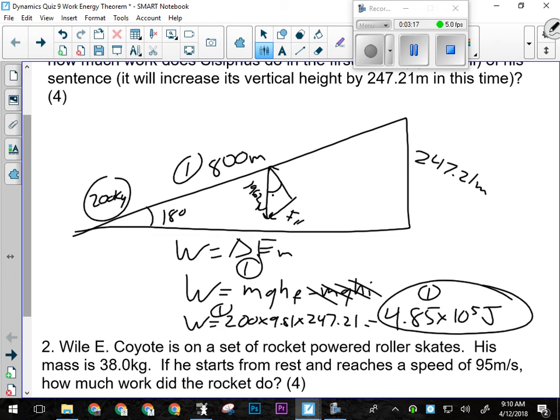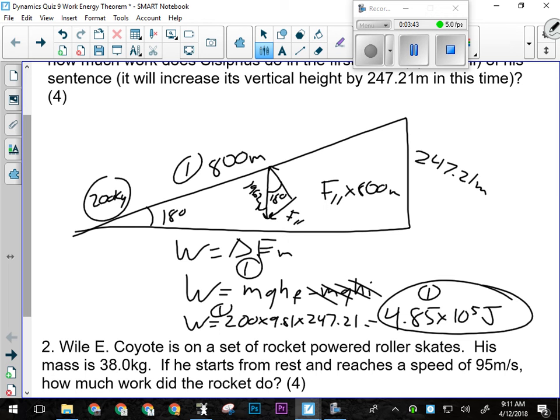We could use the 18-degree angle to find F parallel, and then we could multiply F parallel by 800 meters, and we would have got exactly the same answer. It's just a lot more work to do it that way than it is to go m times g times h and be finished. So on a unit exam, encountering a question like this, do it the short way. You want to save yourself a little bit of time.